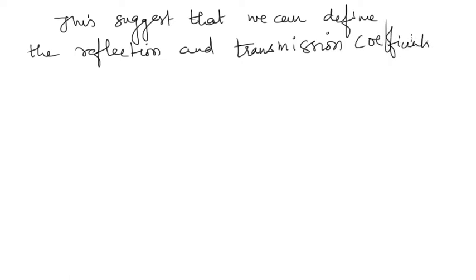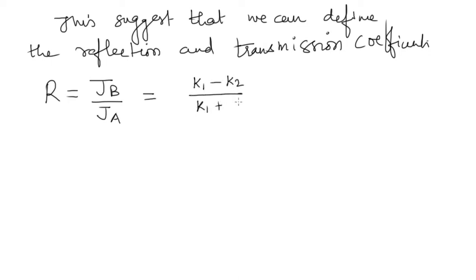And the definitions are that R, the reflection coefficient, is JB upon JA, the reflected current upon the incident current. That is equal to h cross k1 upon m will cancel, (k1 minus k2) upon (k1 plus k2) whole square. This is my reflection coefficient.